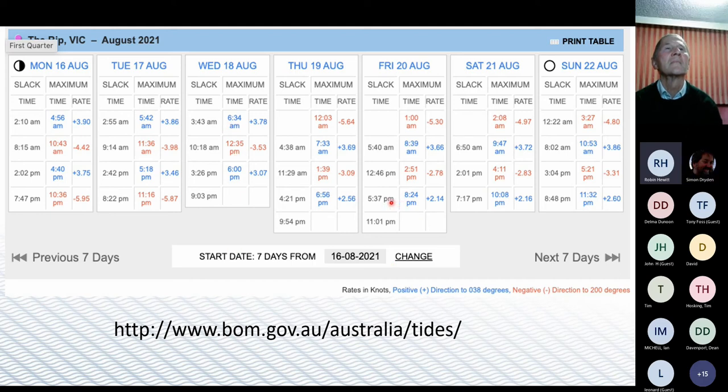So you wouldn't want to be going in or out of the heads without having some tables. But in entering the heads, you can come in any time at flood tide. That won't be a problem.